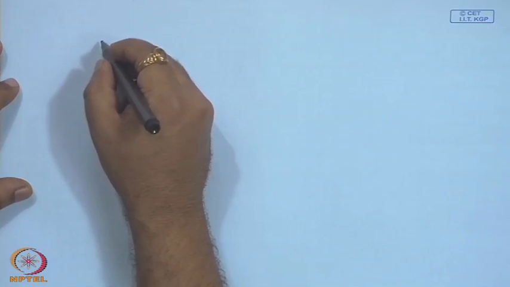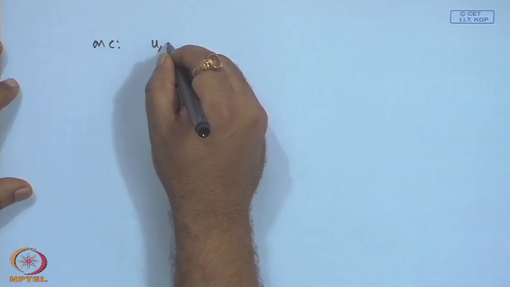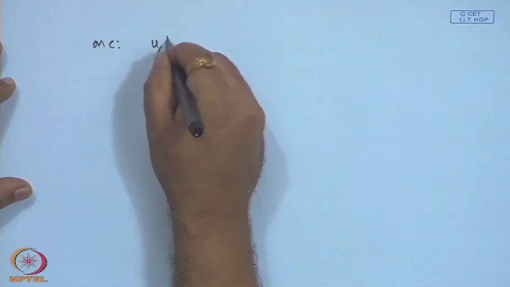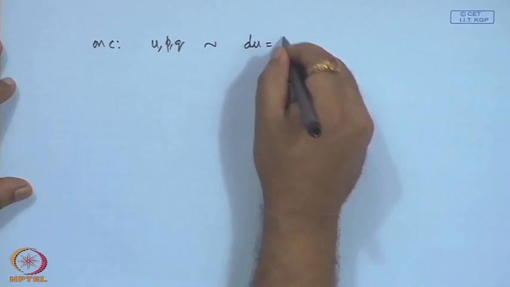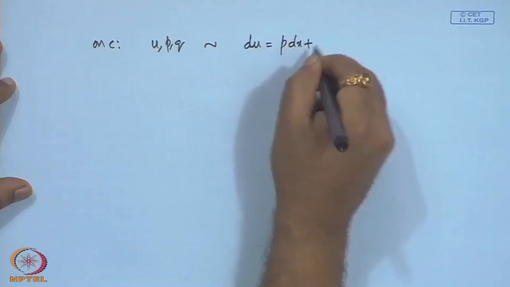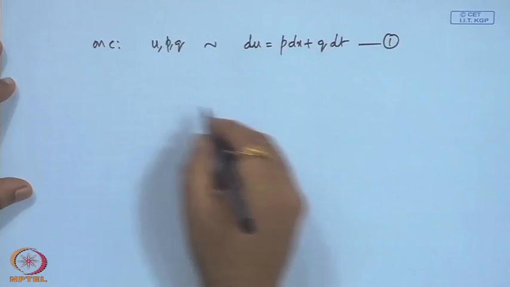Okay. So, what is our aim? So, we know on C, u, p and q are related via p dx plus q dt, which is 1.